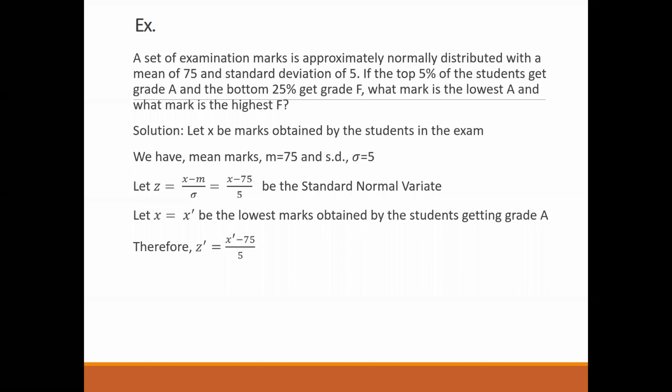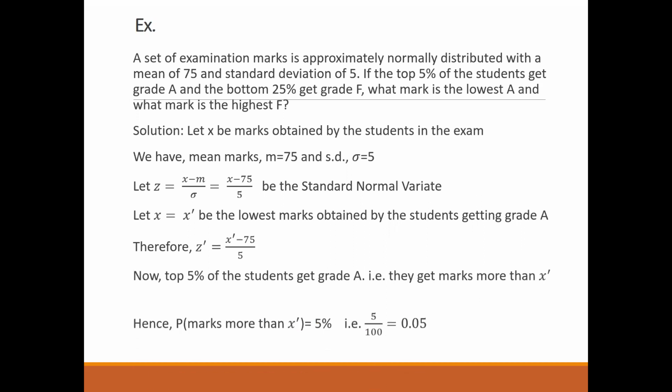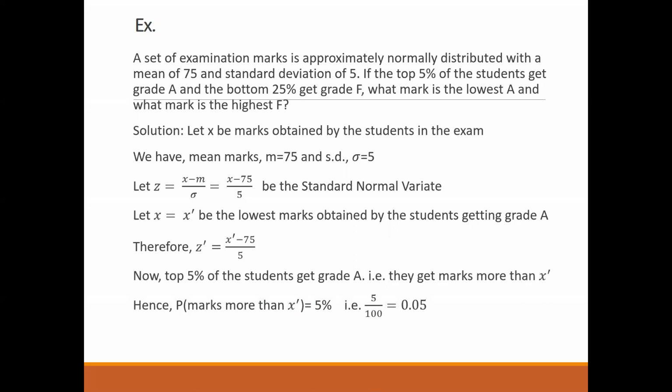Now the top 5% of the students getting grade A get marks more than X dash, or X single quote. I should have taken some other variable. Well, fine. When you write the probability, P of marks more than X1 equals 5%, which can be written as 5 upon 100, giving you 0.05.